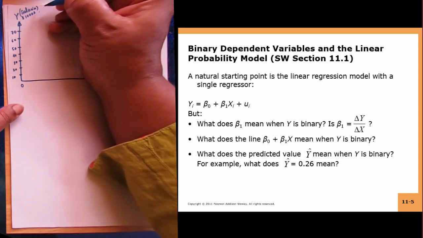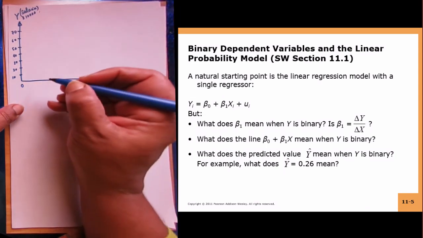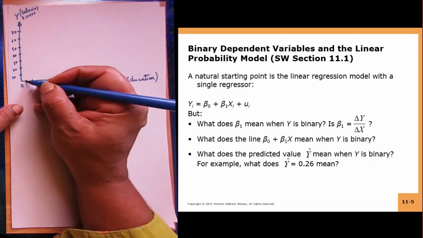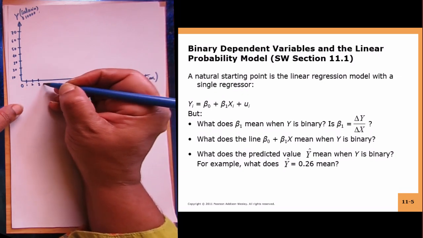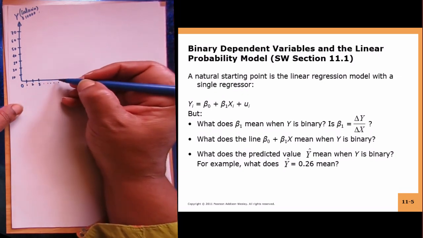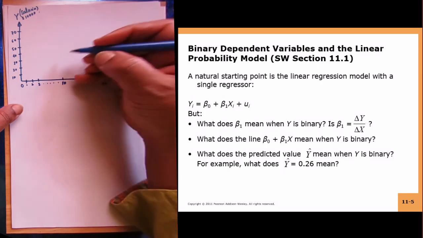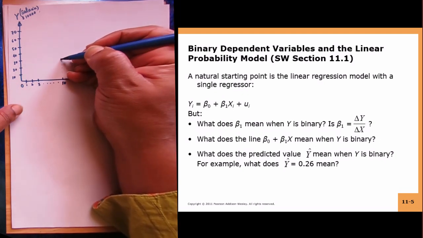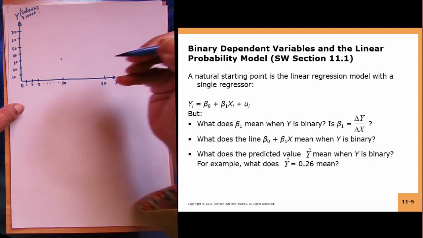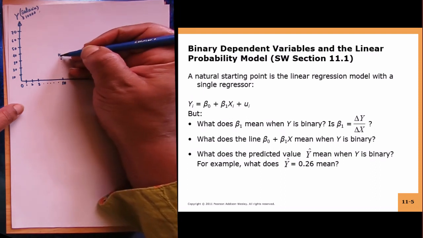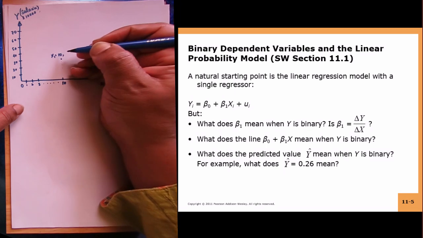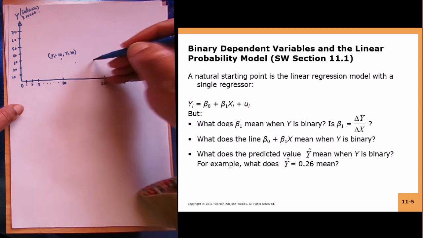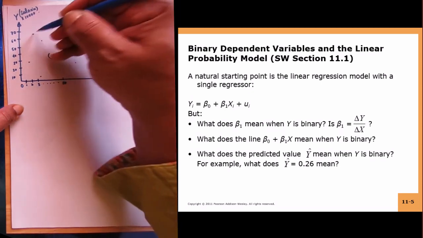So you have an individual who has 10 years of education, and they are making something like $30,000. So this is one data point, right? So you have x1 equals 10 and y equals 30. Similarly, you can have many other data points like this.